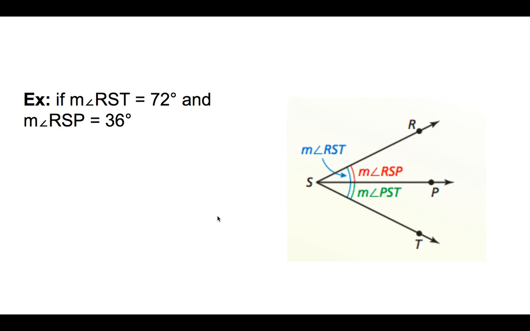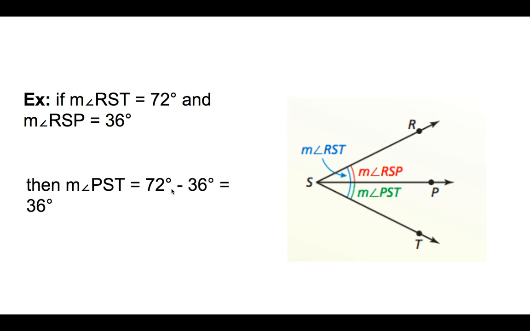Another example is if I said that RST was 72 degrees, so this angle here in blue is 72, and then I told you that RSP was 36 degrees, so this angle here in red is 36. Could I figure out the degree measurement of angle PST? Yes, it is possible, because if we know the whole entire angle is 72 degrees and this piece here is 36, I can find the measurement of this other piece by using some algebra.